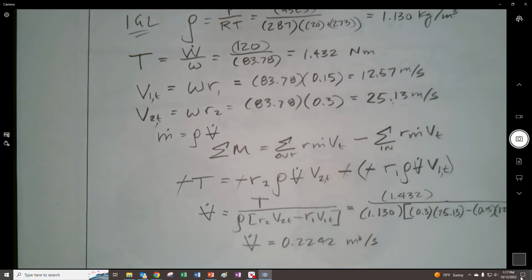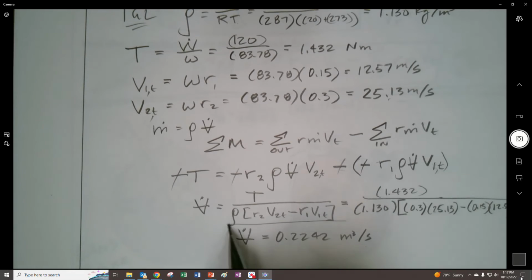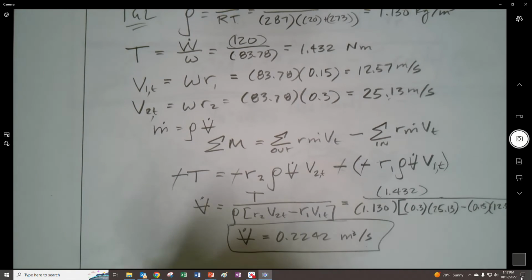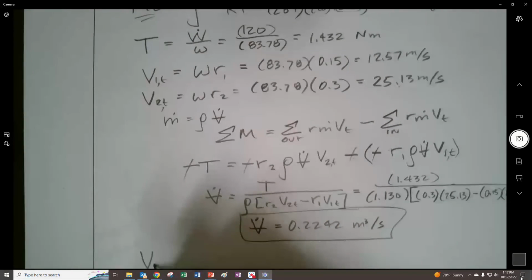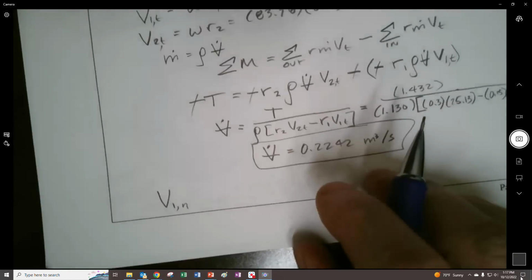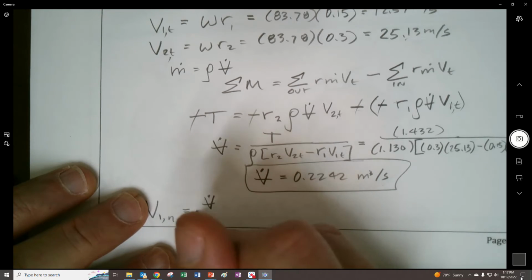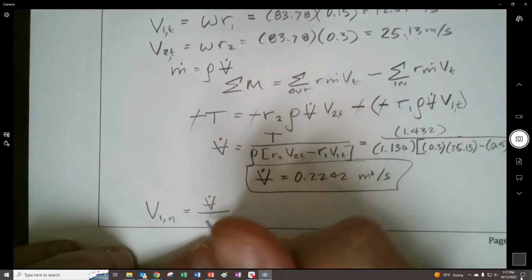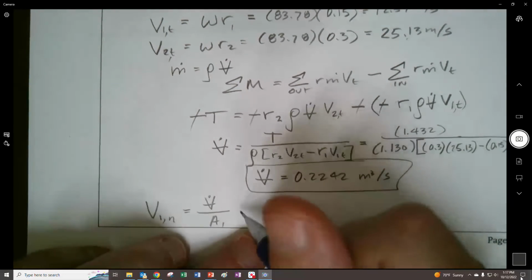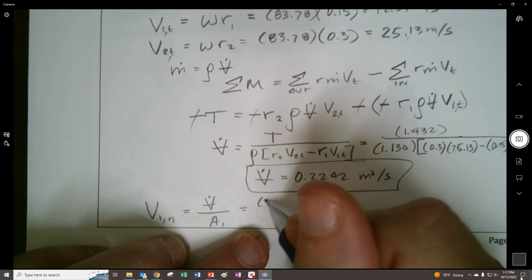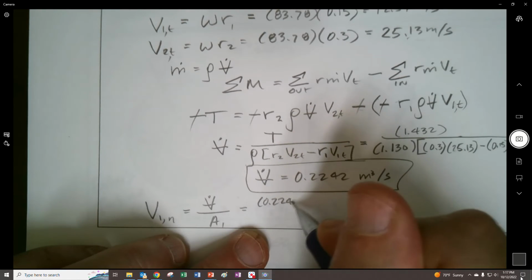So I could find now the mass flow rate if I wanted to, but this is really what we were asking. And then notably, the normal velocity is going to be equal to the volumetric flow rate divided by the area at 1, which is going to be the band, right?